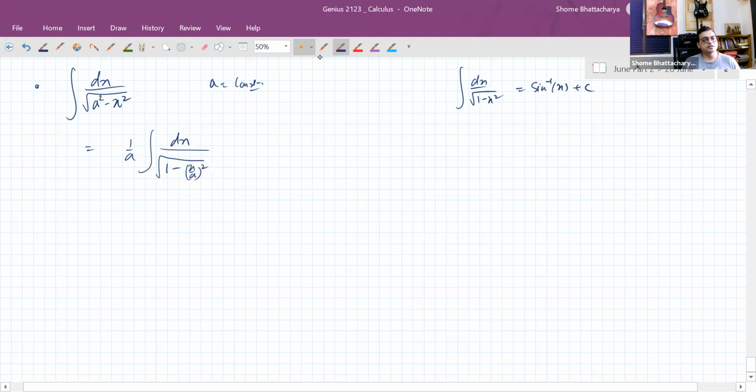And then substitute x by a as z. So dx becomes a dz.